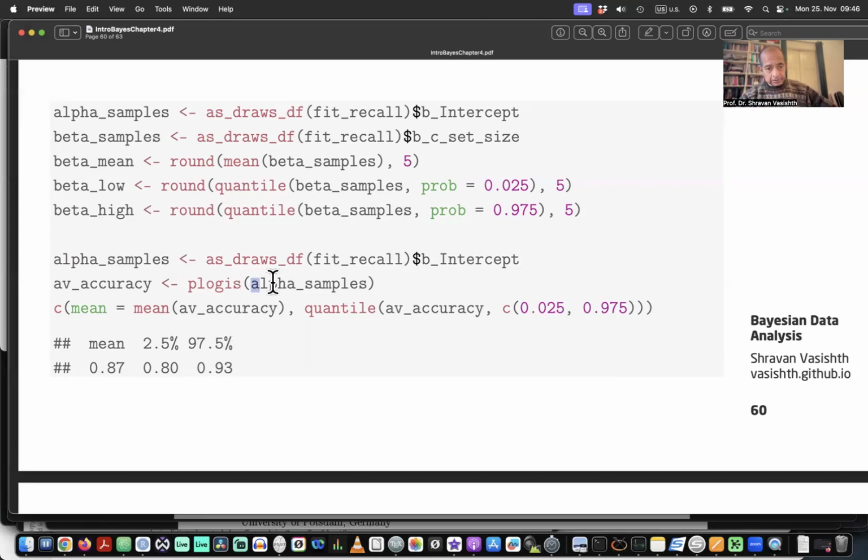I can just put the samples, 4,000 samples, let's say, of the alpha posterior in log odds space, run it through plogis. That gives me the posterior distribution of the accuracy when I have centered set size equal to 0. That means the average set size is the one of interest here.